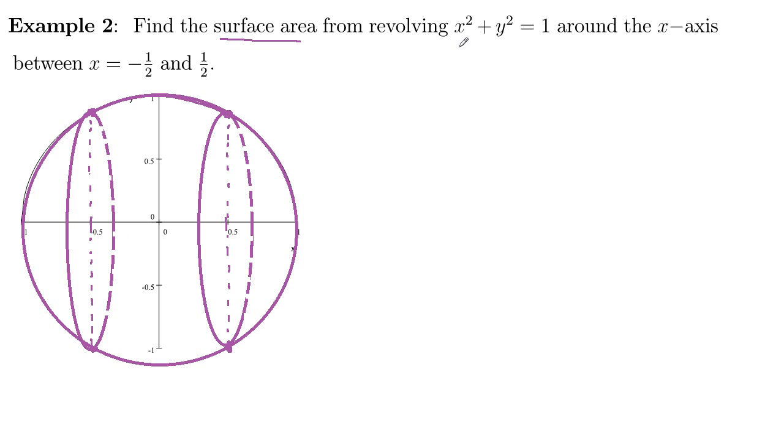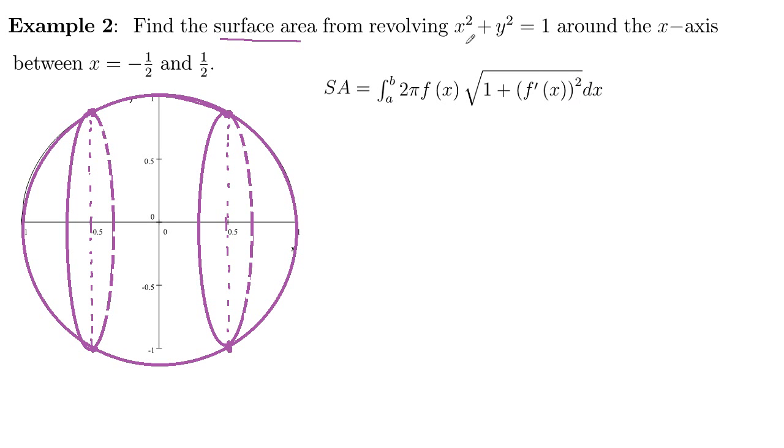Well, there's two ways we could do this. We could solve this for y, get y as a function of x, or x as a function of y, or we could just use implicit differentiation. I'm going to use implicit differentiation. So let's grab our surface area formula. Surface area, remember, is the integral of 2 pi f of x root 1 plus f prime of x squared.